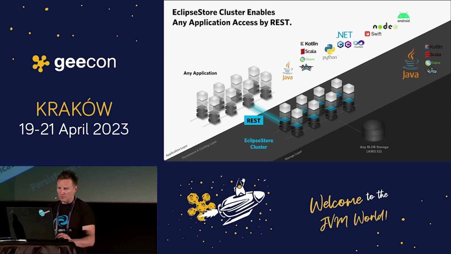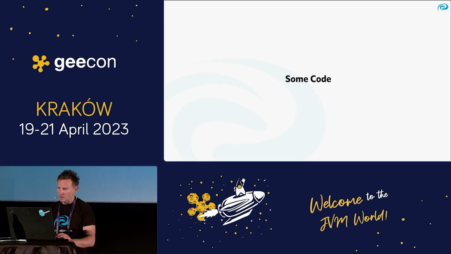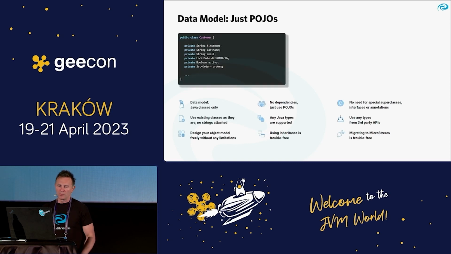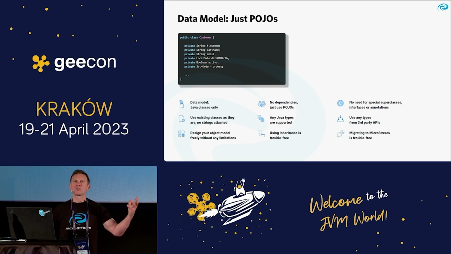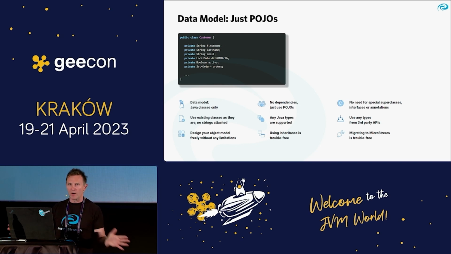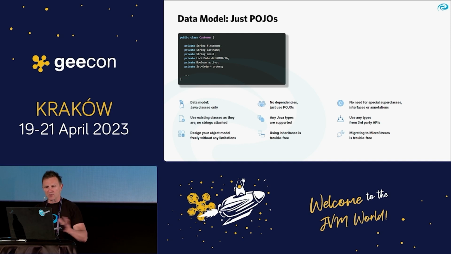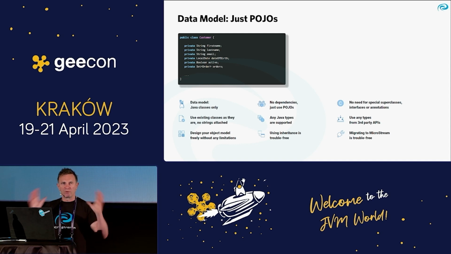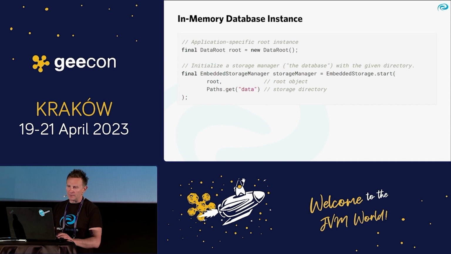The code is very simple. For instance, you can see how a class should look like. POJO, that's it. No annotations required, no superclass, no interfaces to implement, just POJOs. And build your object graph freely. The only thing we need is an instance of our object graph.